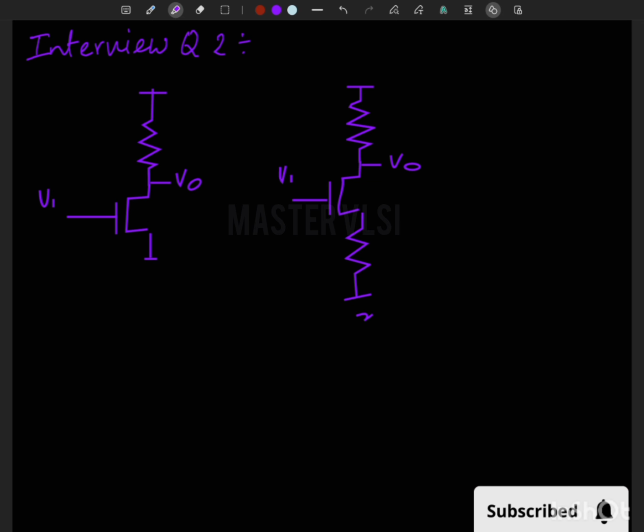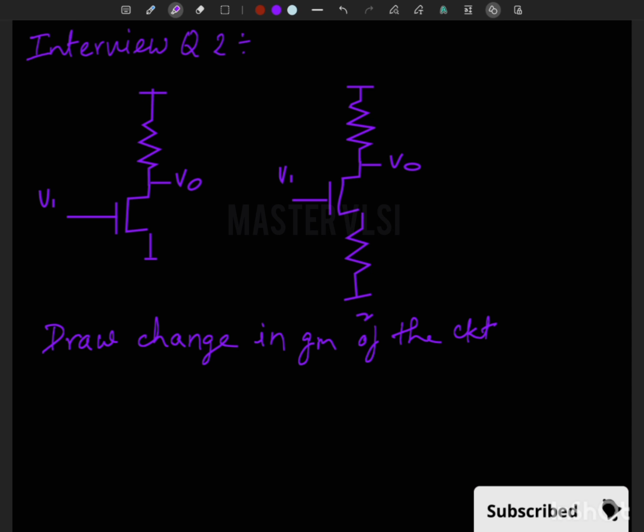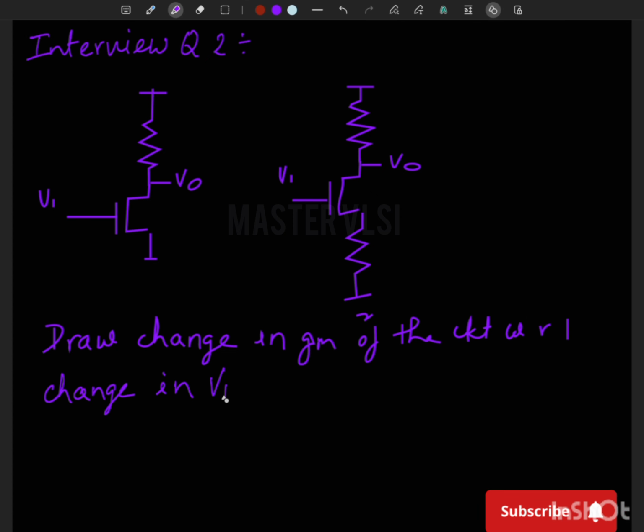We will see that. So here we have to calculate and draw the change in GM of the circuits, not the MOS, because it is the circuits, with respect to change in Vin. We are changing Vin from 0 to VDD, then how will our GM value change?